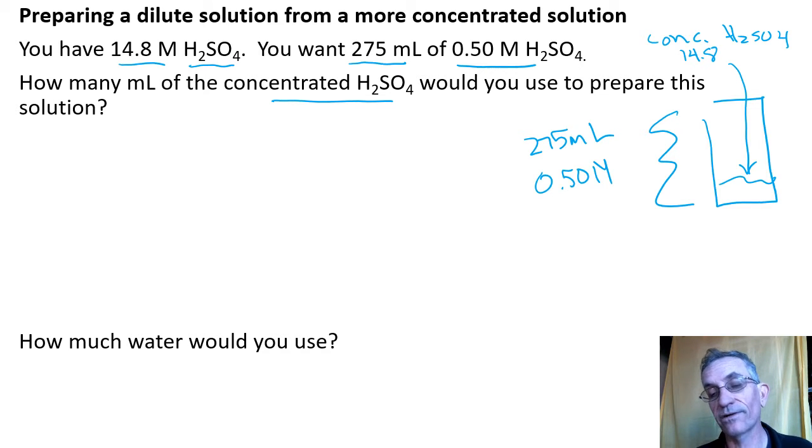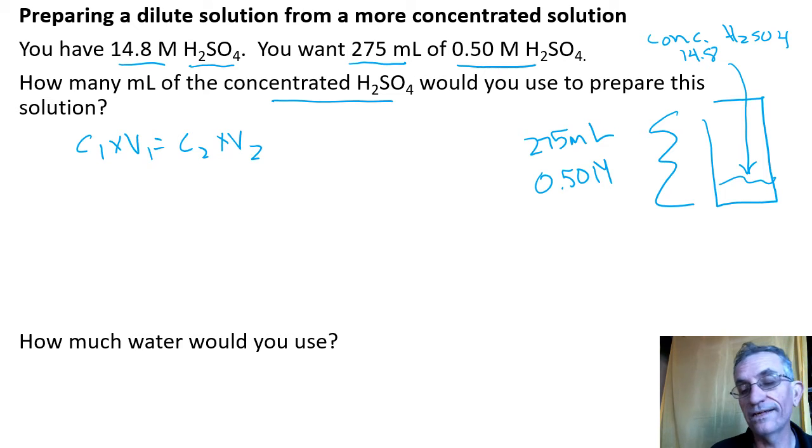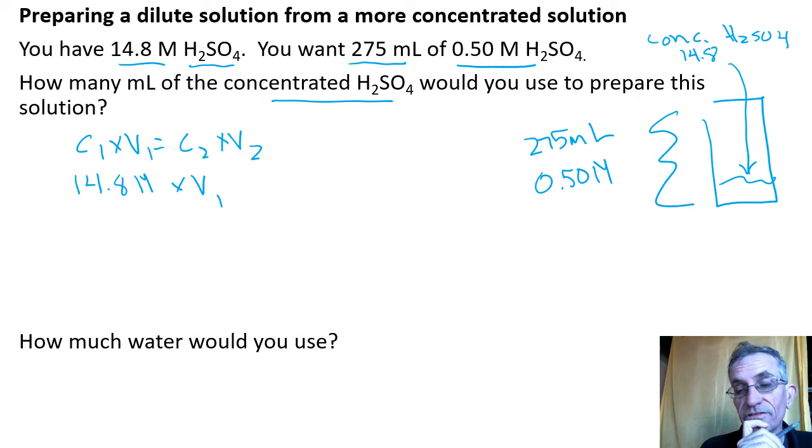All right, well, we're going to have to calculate it. So the equation to help you out is C1 times V1 equals C2 times V2. The ones are what you have. I have 14.8 molar sulfuric acid. I'm not sure how much of the stuff I have to use. I'm solving for that volume. How many milliliters would you use of it? The twos are what I'm trying to make.